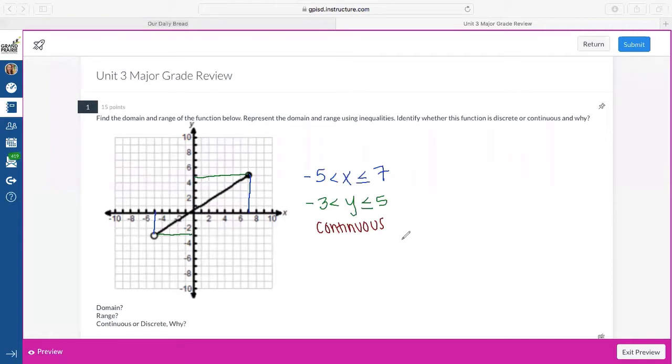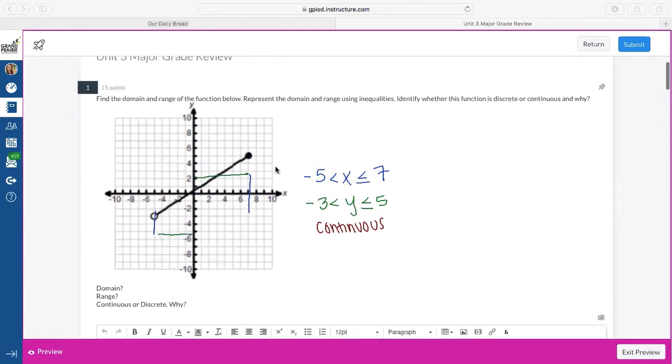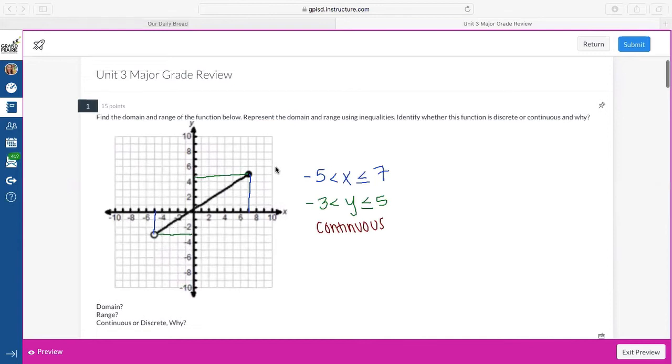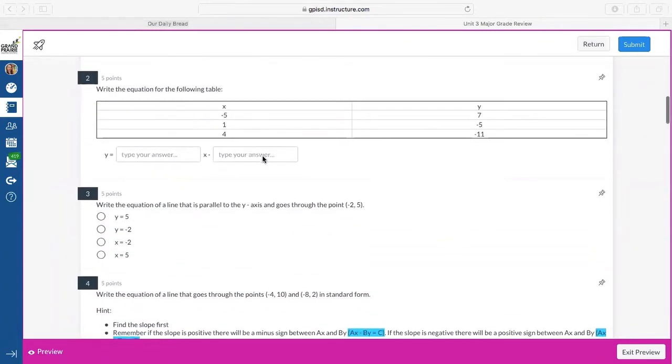Explain it however you want to. Do number 2. So even if you're not done with number 1, you can finish it at the end.